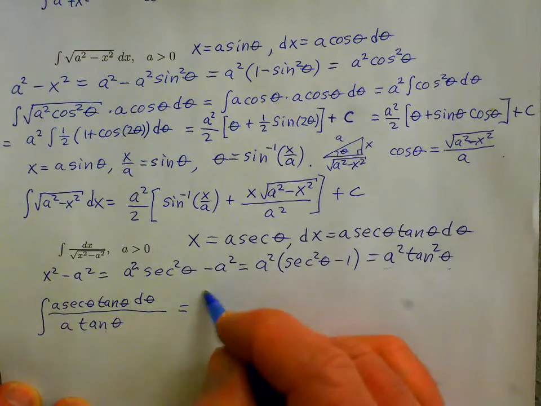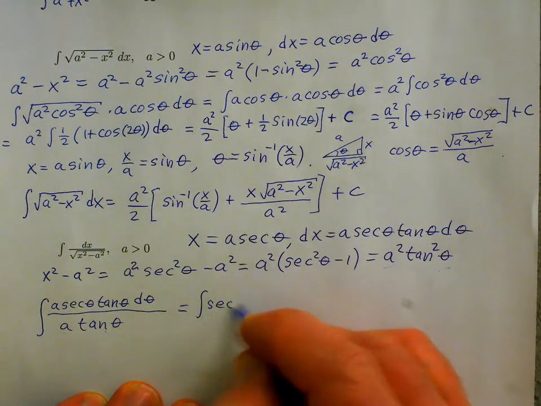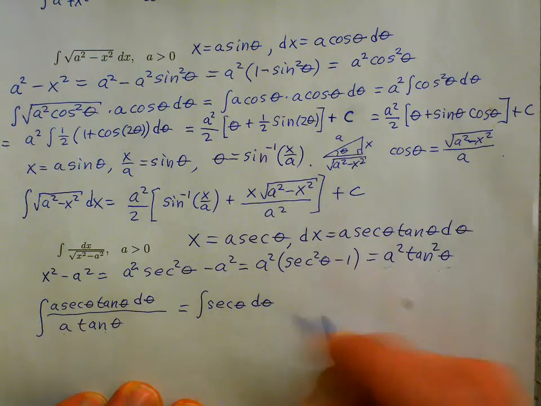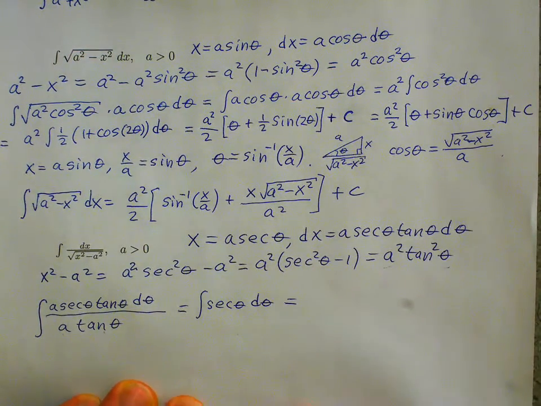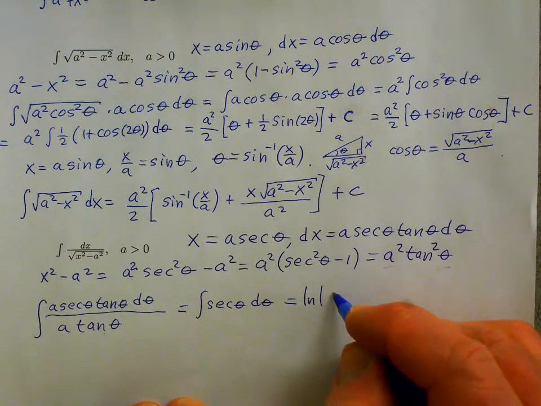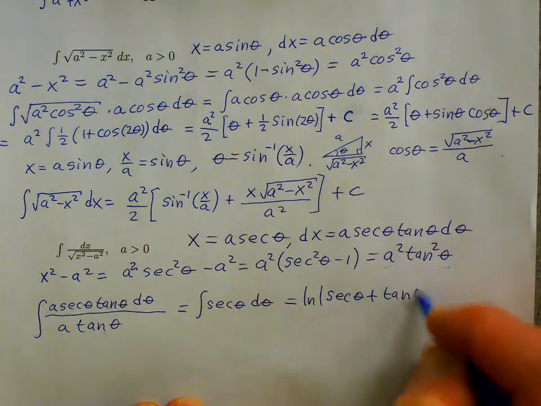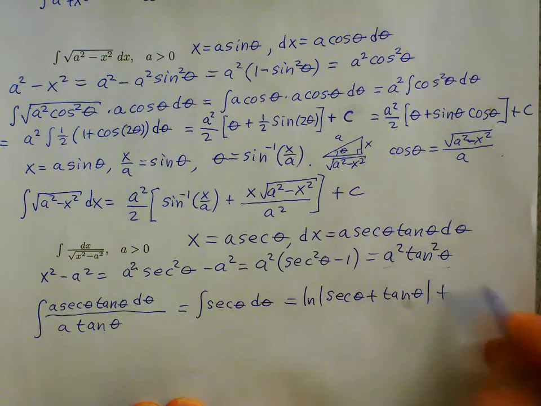So we get the indefinite integral of secant of theta d theta. And the antiderivative for secant of theta is the natural log of the absolute value of secant of theta plus tangent of theta, and then plus a constant.